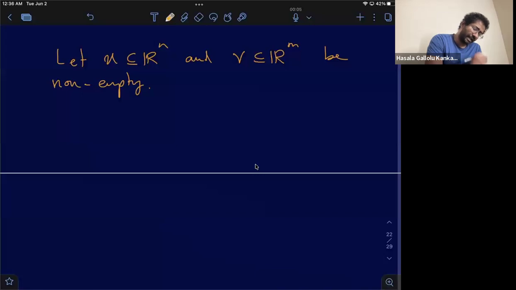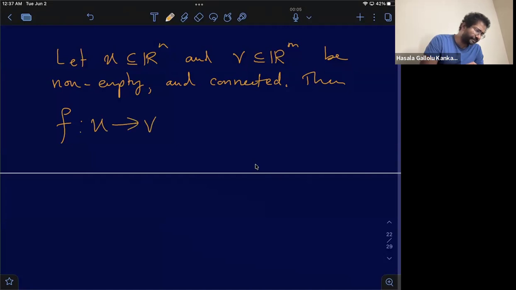So they are non-empty, open, and connected. Then f from u to v is defined to be a differentiable mapping.